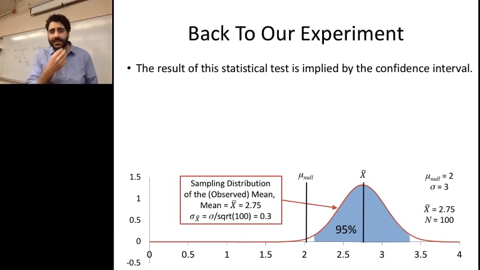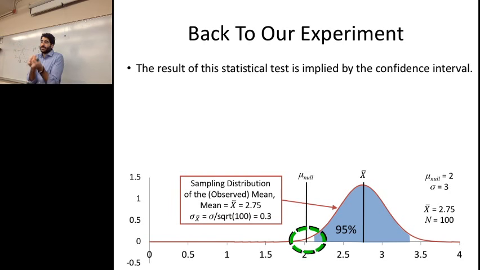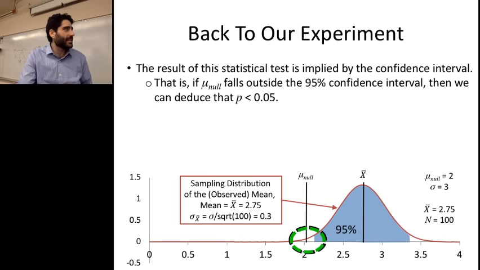And so another interesting connection here is that this confidence interval also tells us something about the p-value, right? They're kind of related to each other, which is that because this confidence interval doesn't overlap with our null hypothesis, which is 2, right? Remember, the lower edge of this confidence interval was like 2.1 something. So what that tells us is that if we ran a two-tailed test here, we would get a p-value that's less than 0.05.